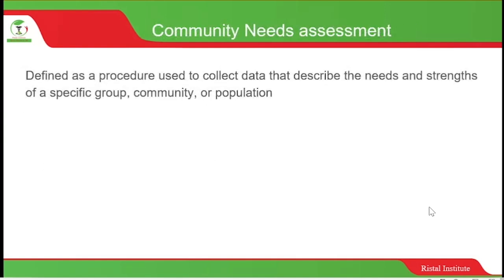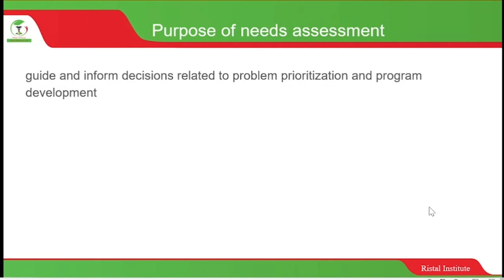Then this is community needs assessment. We talked about this last time. The purpose of needs assessment is that it guides and informs decisions related to problem prioritization and problem development.